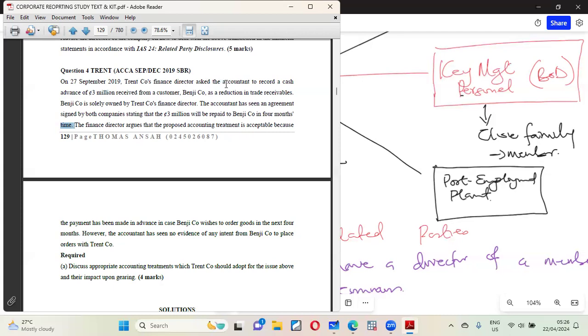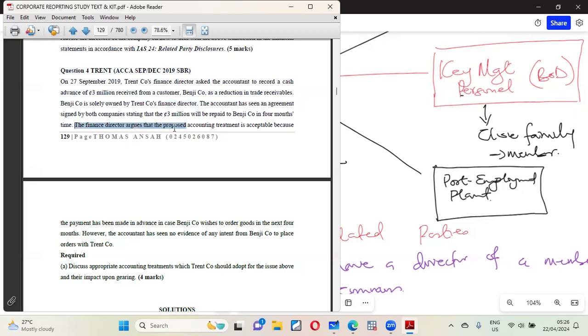Trent's finance director asked the accountant to record the cash advance of 3 million received from customer Benji, which is owned by the same finance director. Look at the 4 months' time.